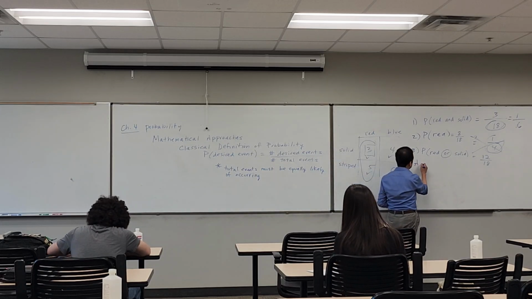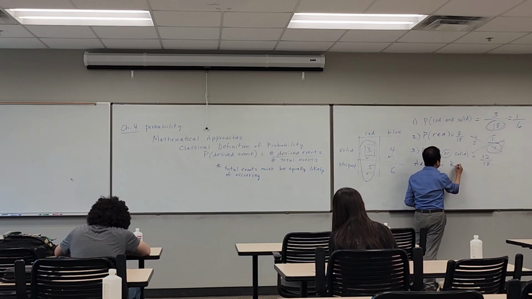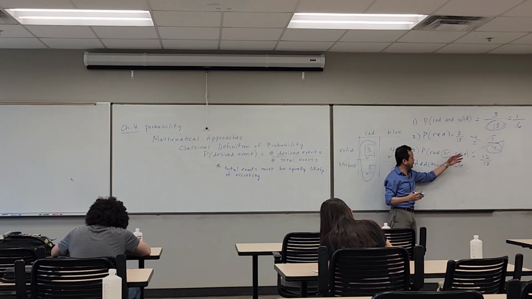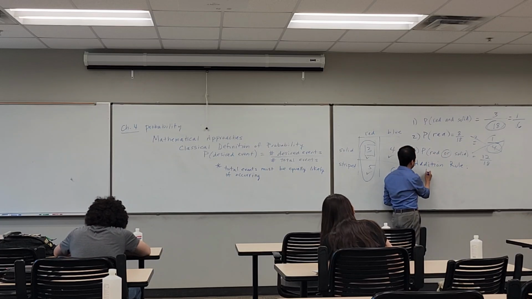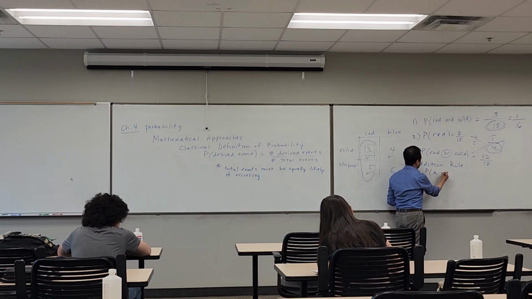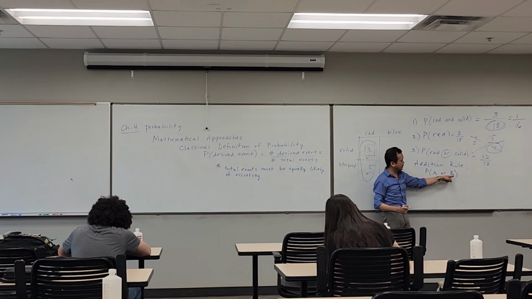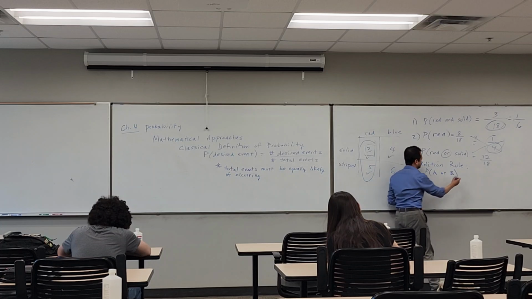The addition rule says that if you have a probability with events joined by OR, then this addition rule applies.